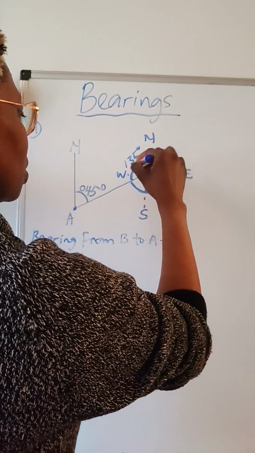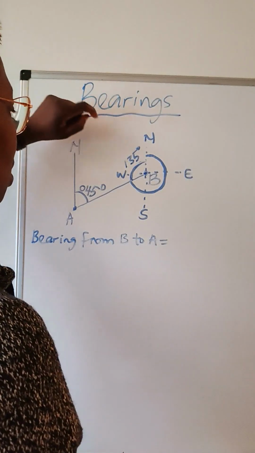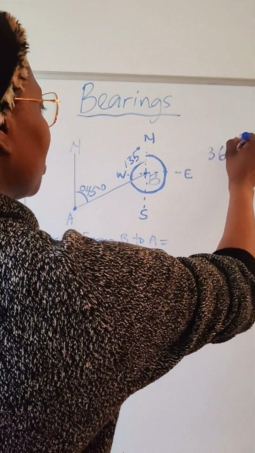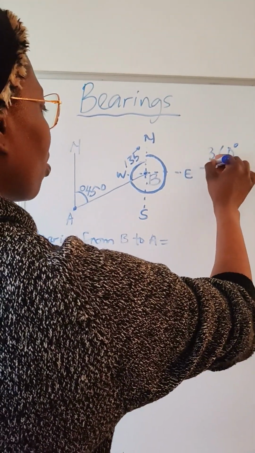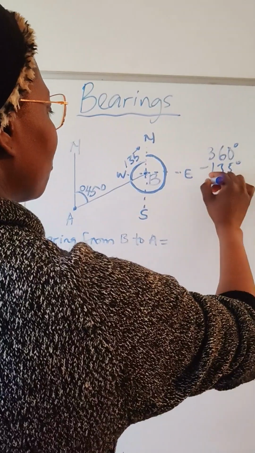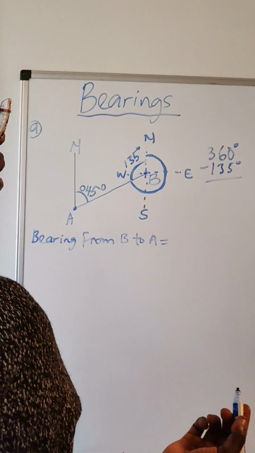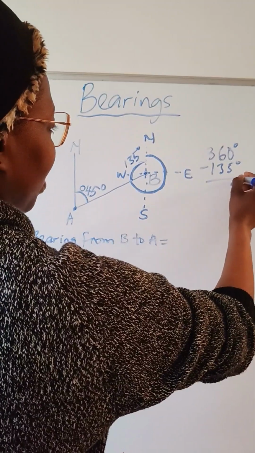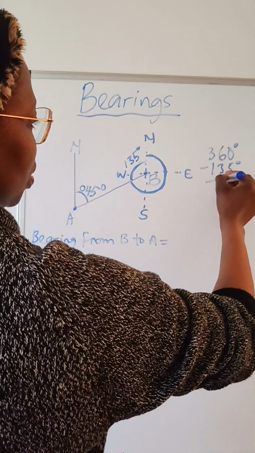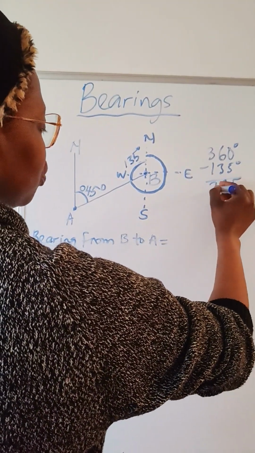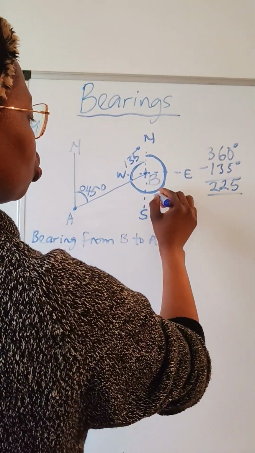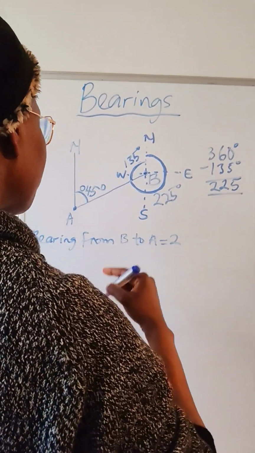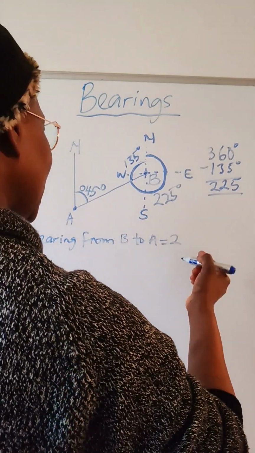The full turn is 360 degrees, so we subtract 135 degrees from 360 degrees. With the subtraction, we have 5 here, 2 here, and 2 here. The answer will be 225 degrees.